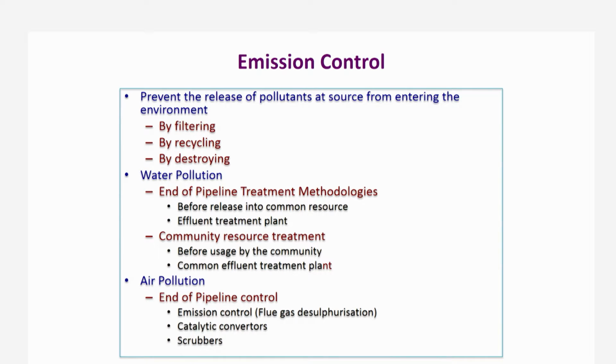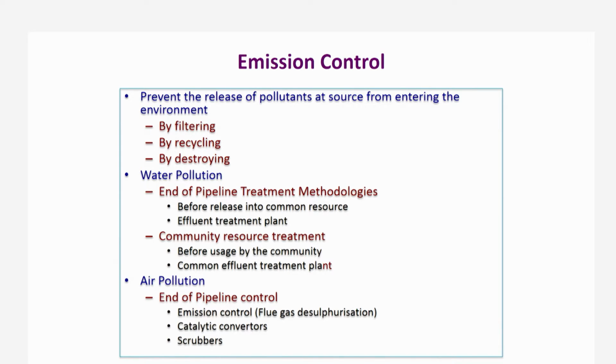And so, before release we have treatment technologies, we have effluent treatment plants, community resource treatment, where a large section of industry can pool their resources and make a common effluent treatment plant before the water gets out. Many of the corporations and industries now have a zero waste management plan.